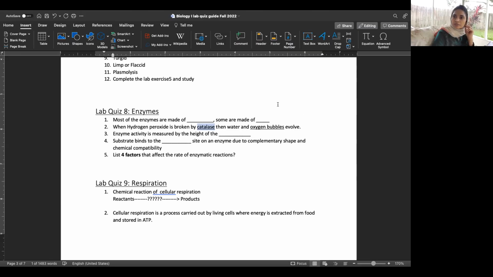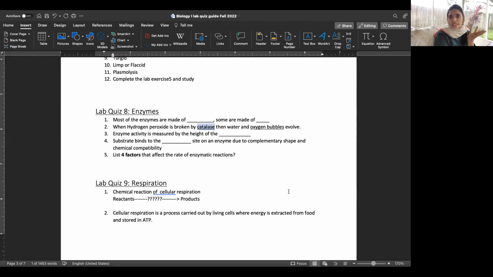Sana, you raised your hand. Yes, Joanna. The catalase is the enzyme. Good. How do you know? Because it ends in ASE. Exactly. That's a hint. The reason I asked that question is because there is a hint there. There is no way I can remember all the names of the enzymes that are working in human bodies and animals and plants, right? But there is a clue right there.